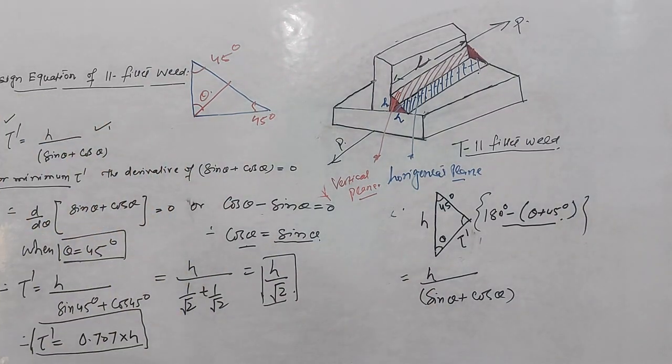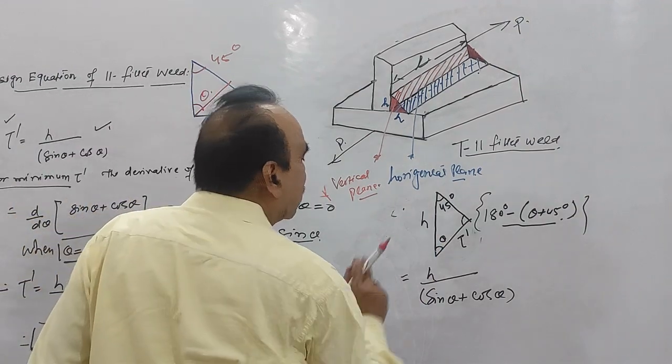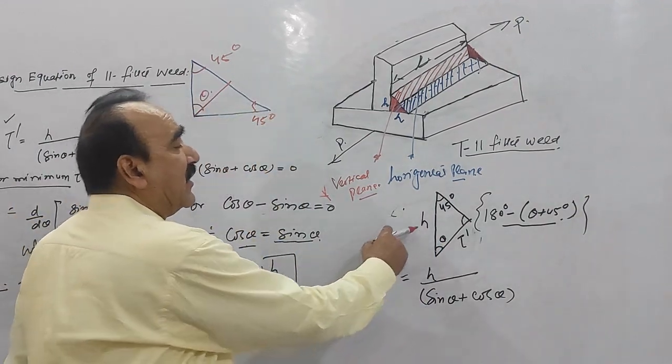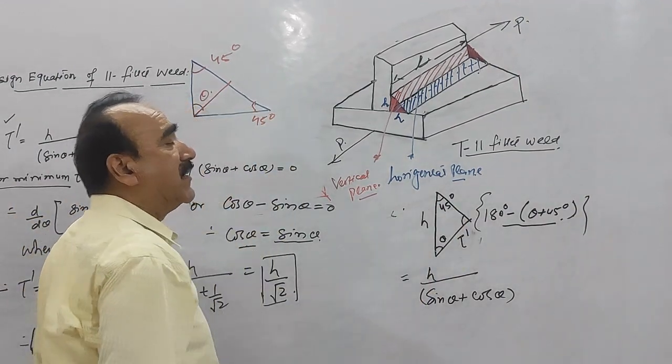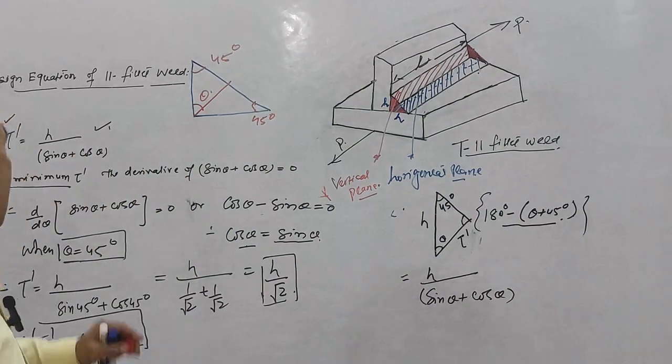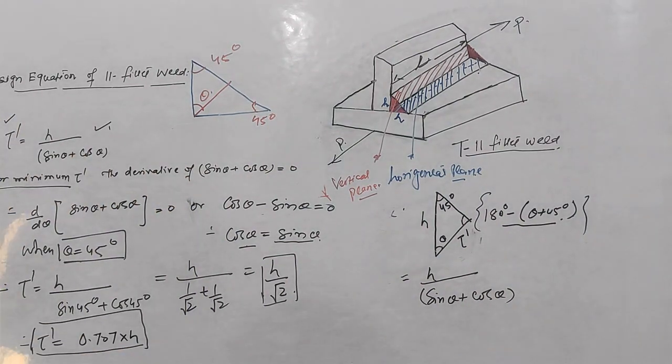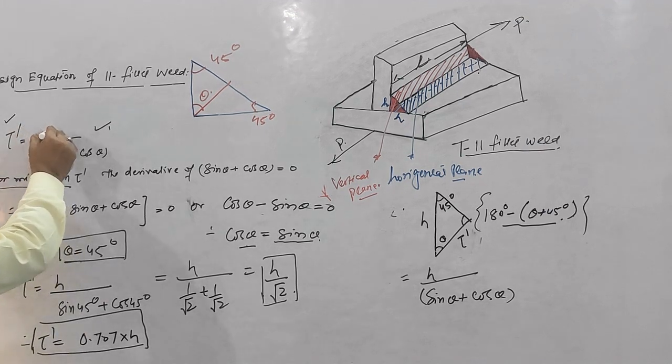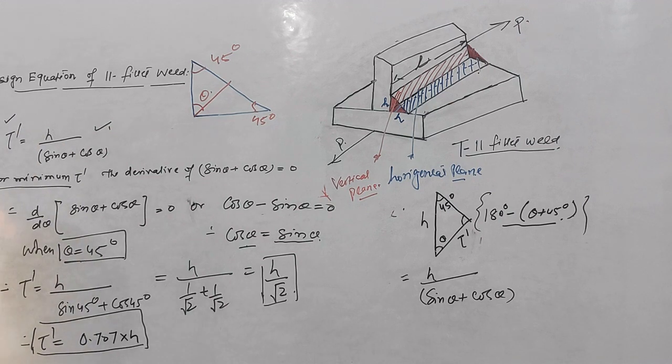So applying the sine rule, T dash divided by sin 45 degree and H divided by sin 180 degree minus theta plus 45 degree. After calculating, you will get T dash equal to H upon sin theta plus cos theta.